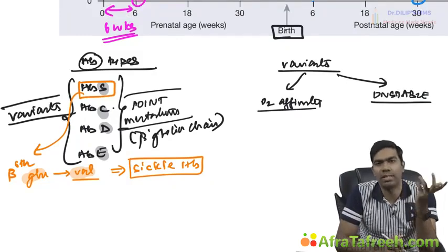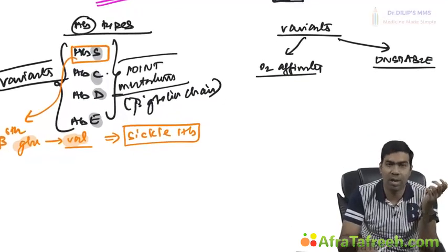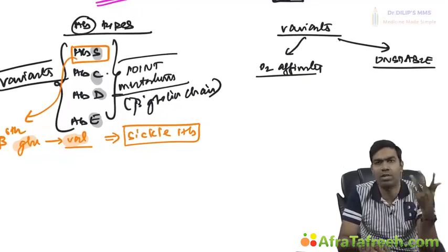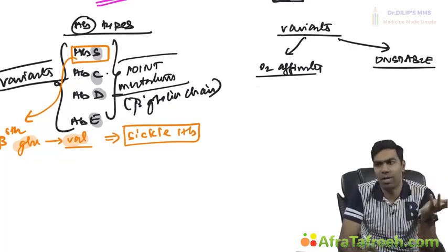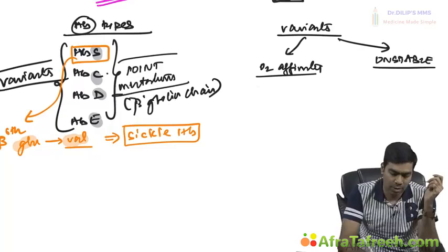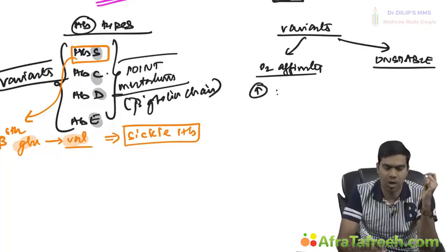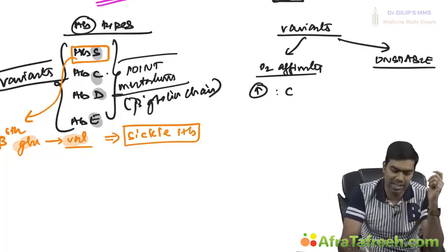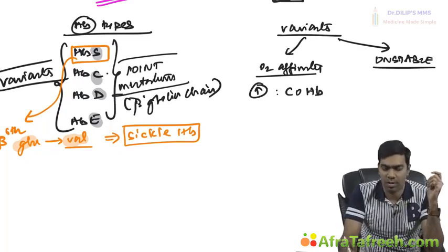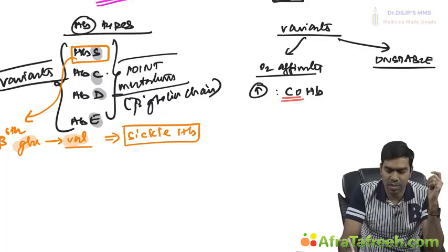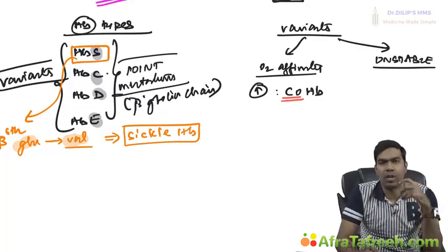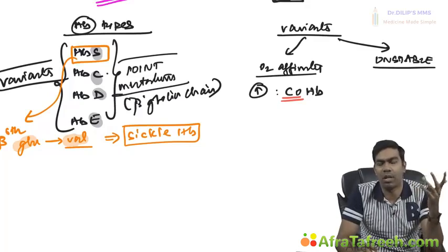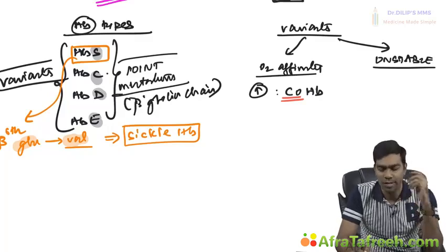What are the things that affect the affinity of oxygen towards hemoglobin, or hemoglobin's affinity for oxygen? Either way is correct. What increases the oxygen affinity of hemoglobin? The classic example is carboxyhemoglobin, where carbon monoxide is bound to hemoglobin; the affinity is 256 times more for carbon monoxide compared to oxygen, so it will not leave.